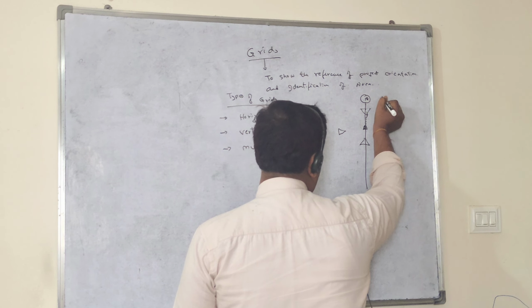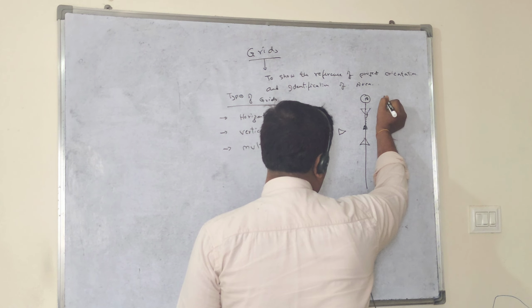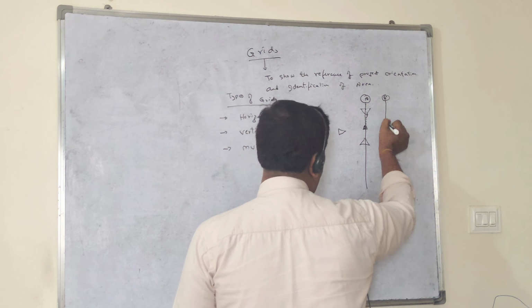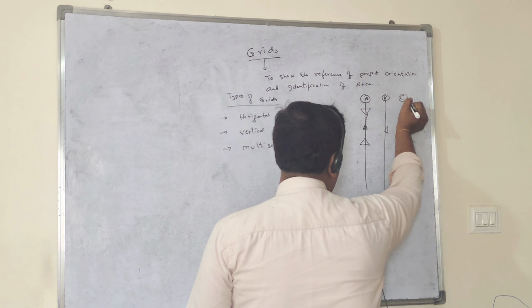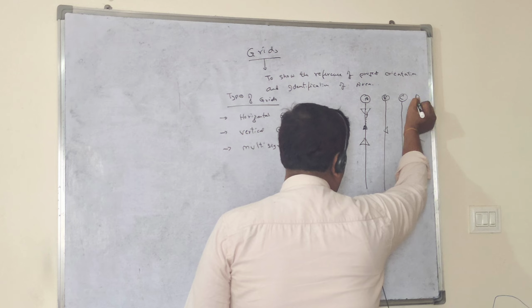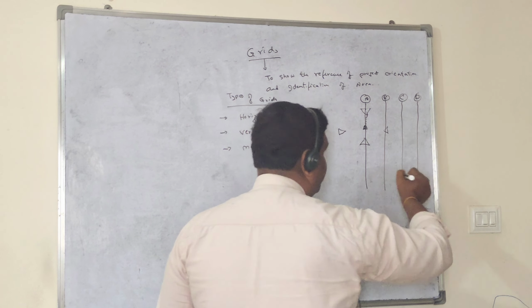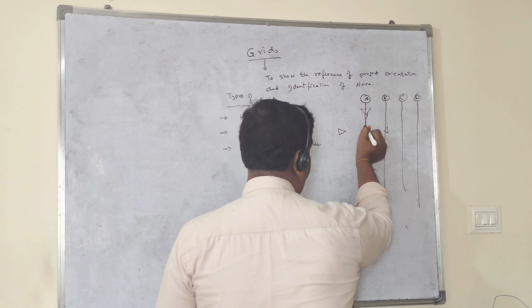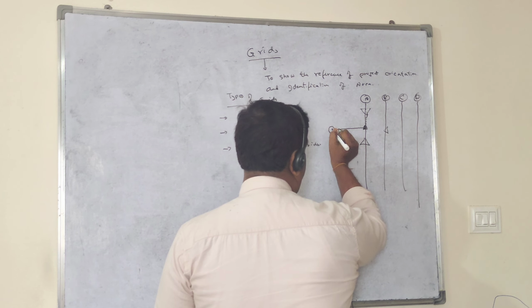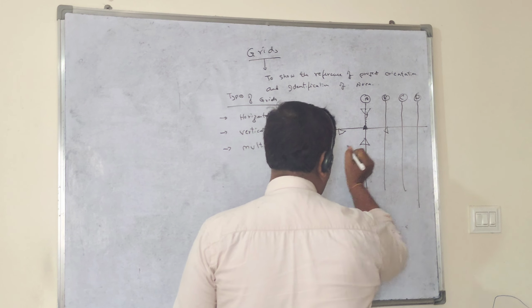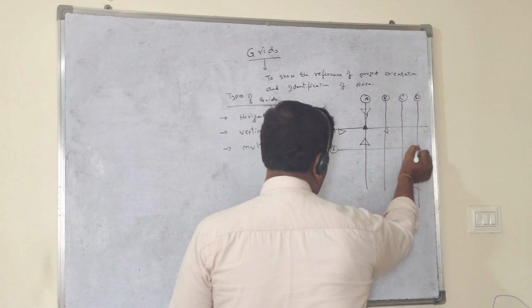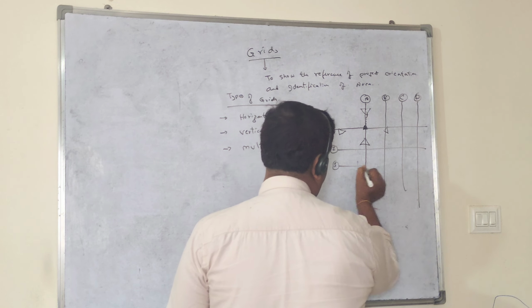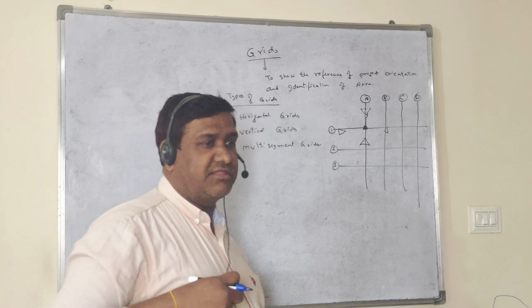So one is A, and from grid to grid there is one more grid, B, C, D, like that. You have to place a number of grids vertically, and horizontally you have to place grids too: 1, next 2, 3, like that.